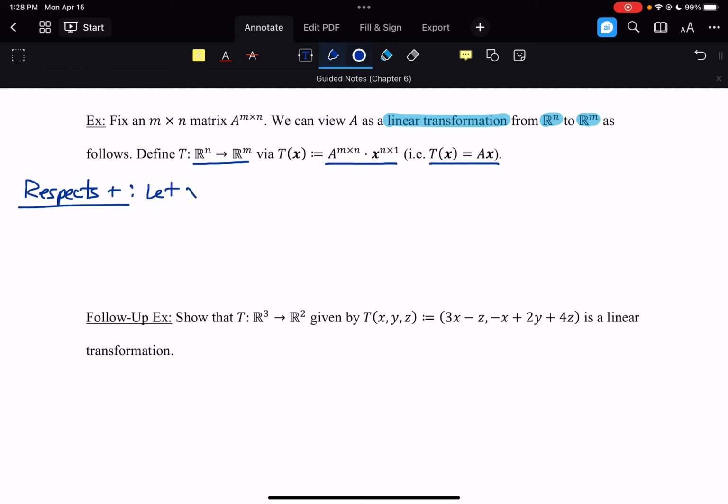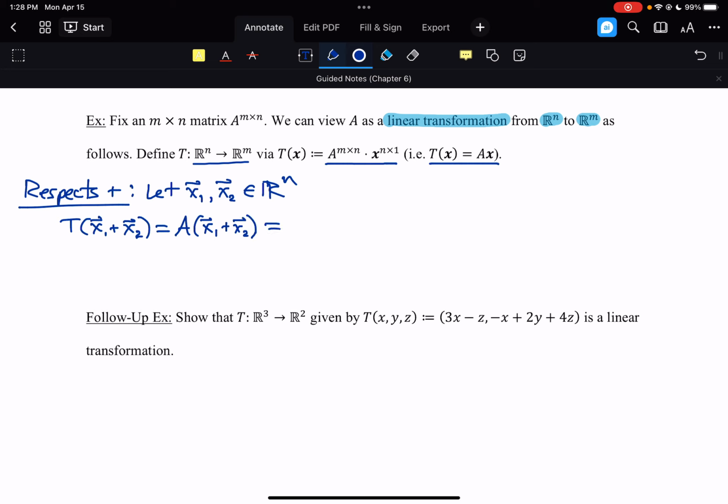So we're going to let x1 and x2 be elements of Rn. And T of x1 plus x2. We transform by multiplying by a matrix, so that's A times x1 plus x2.